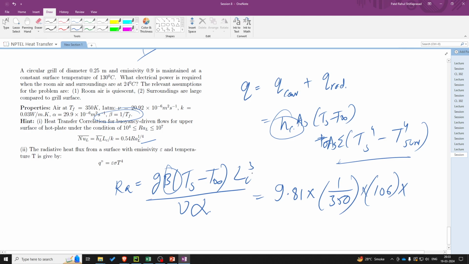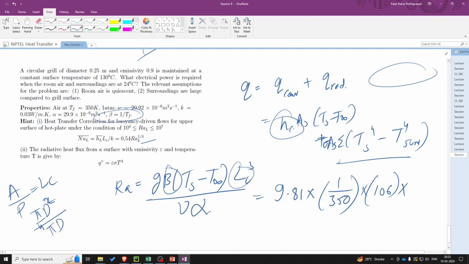Then this value of Lc we haven't been given so far, but we have been given that this is a horizontal disk. So the characteristic length for any system, we know that it is the ratio of area upon perimeter. The area of a circle is pi d square by 4, that is pi r square, and the perimeter is 2 pi r or pi d.